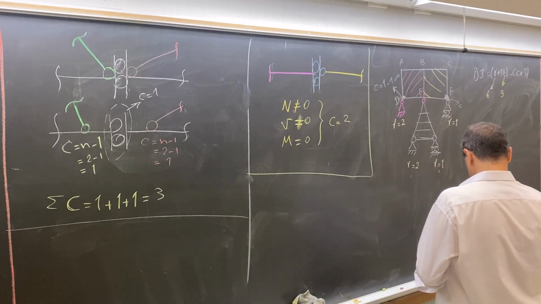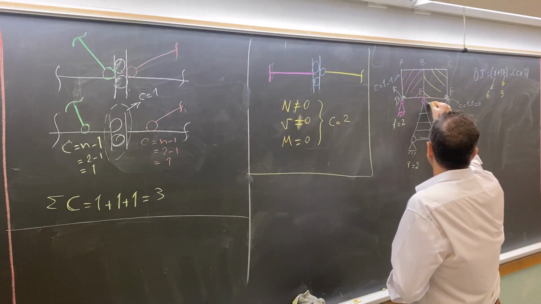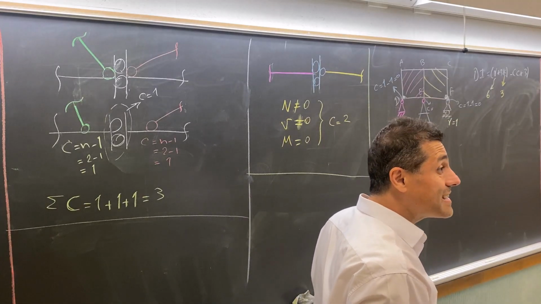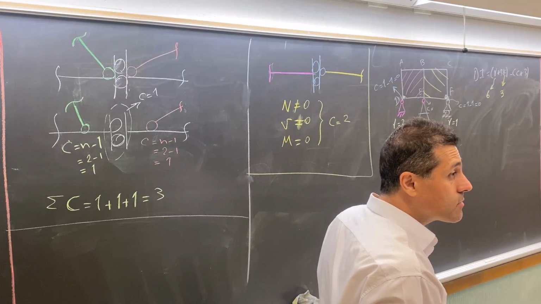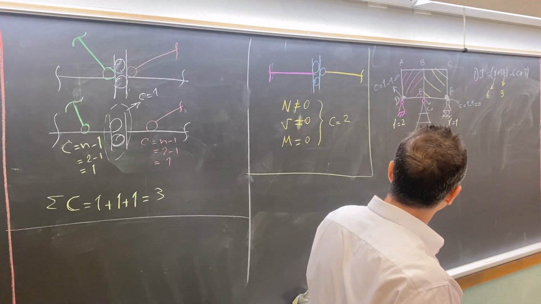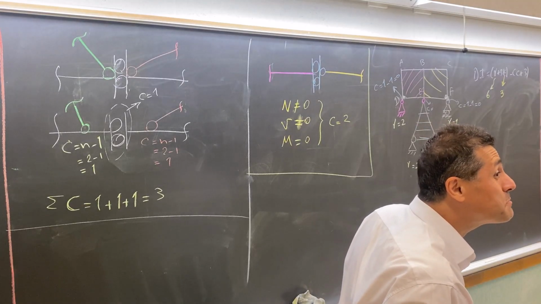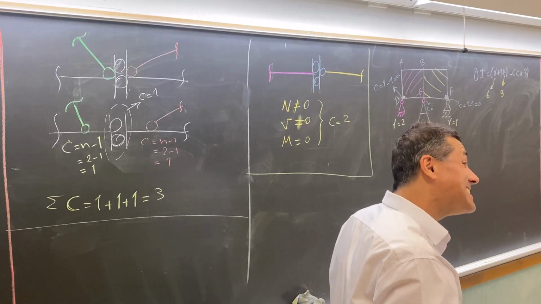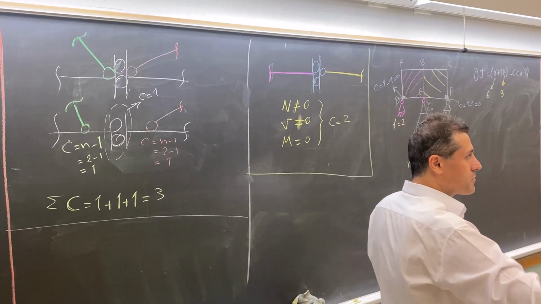So 1 minus 1 is 0. What about this? How many elements? Wait, for rollers, wouldn't C be 1? It is not roller, it is pin. It is not internal roller. Yeah, I expect this kind of question.